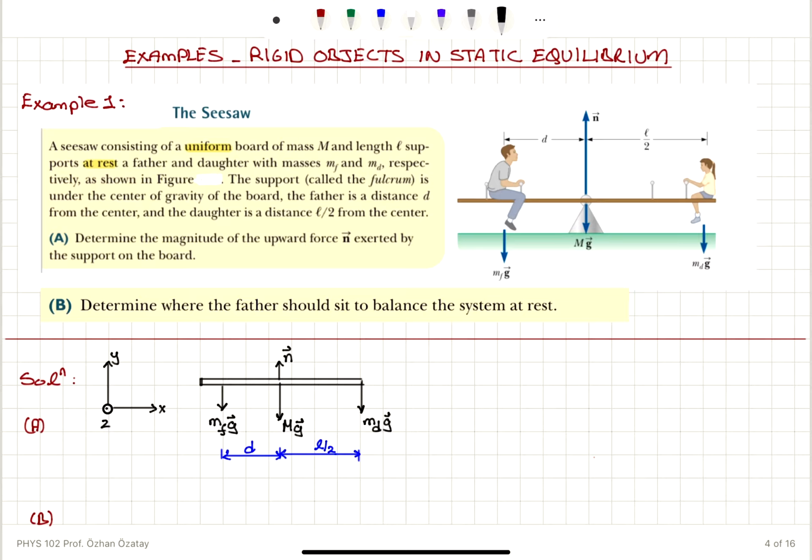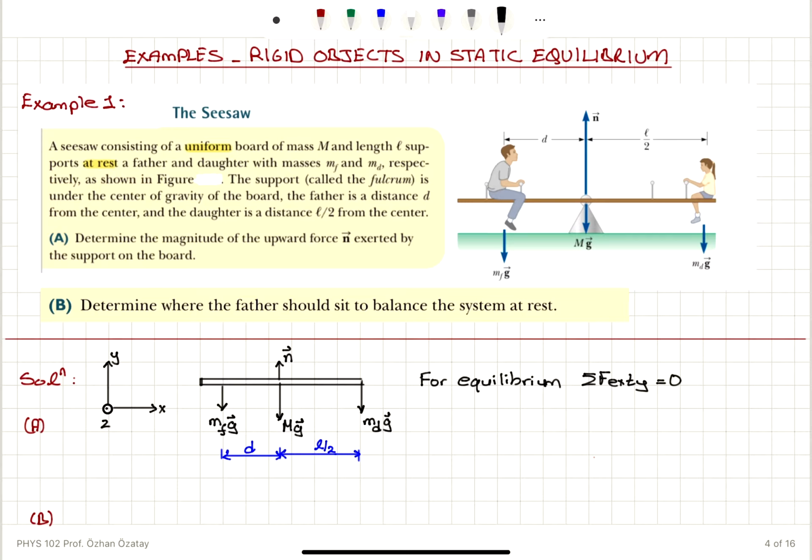So the system is at rest. Therefore, for equilibrium, we must have the net external force y component to be 0. As you can see, these forces are on the same plane, so they're coplanar forces.